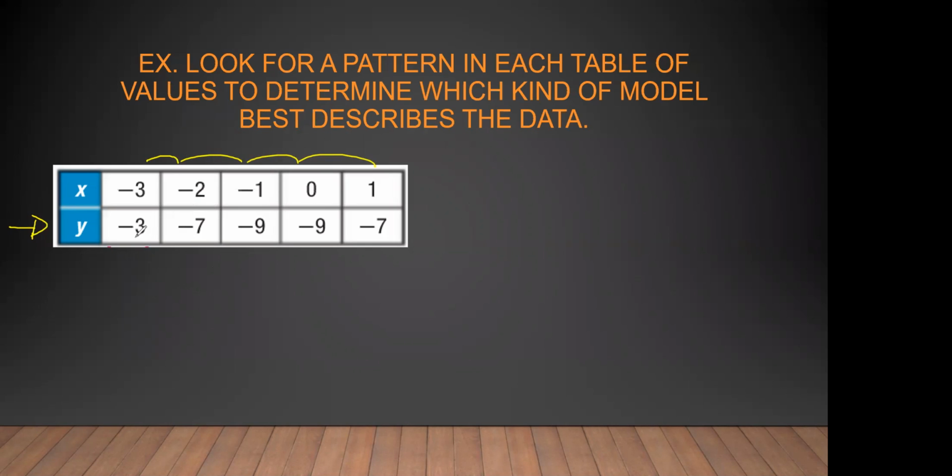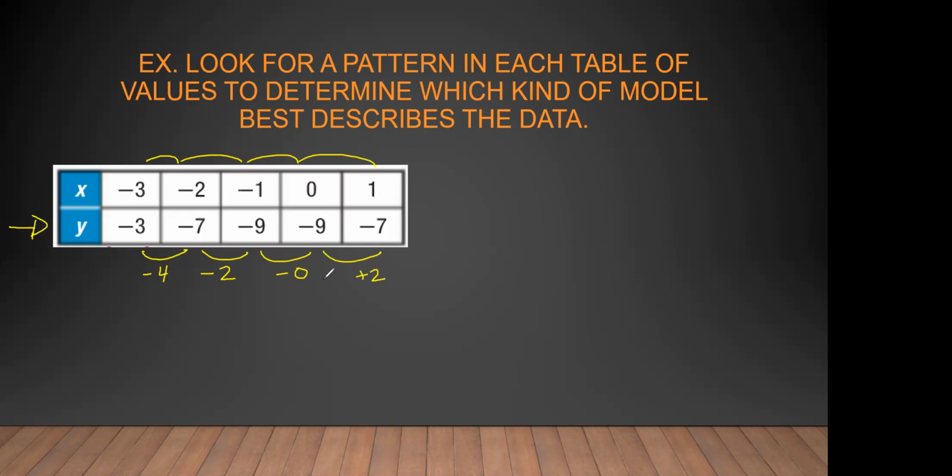So then here we've got -3, to what happens from -3 to -7? Well, you subtract 4. And then when you go from -7 to -9, you subtract 2. When you go from -9 to -9, well, you subtract 0. And then if you go from -9 to -7, then you have added 2.